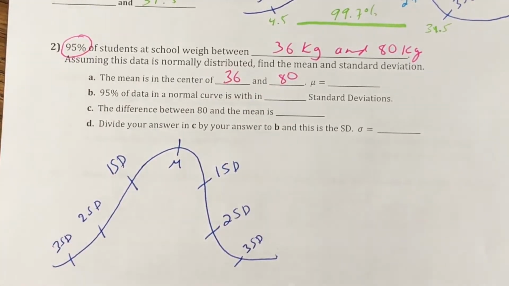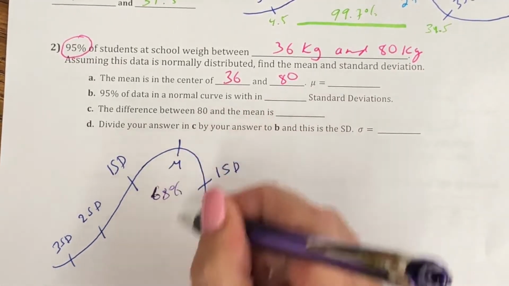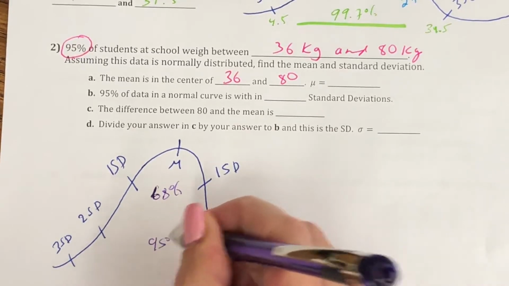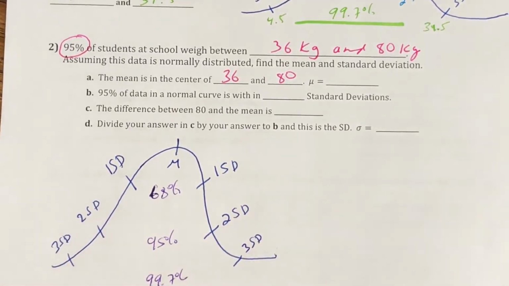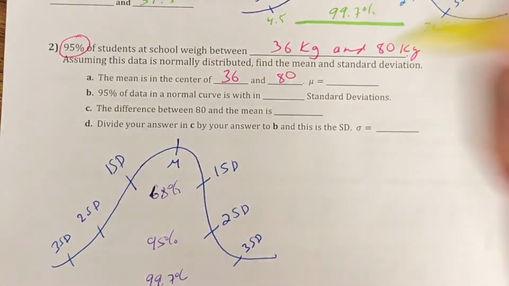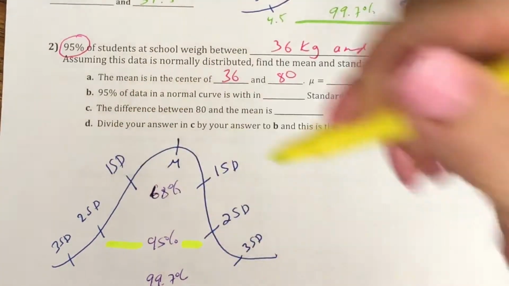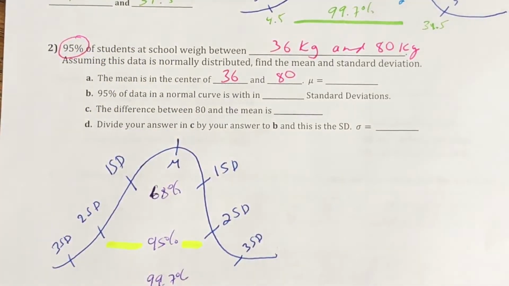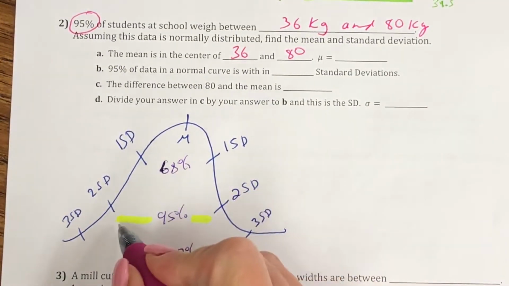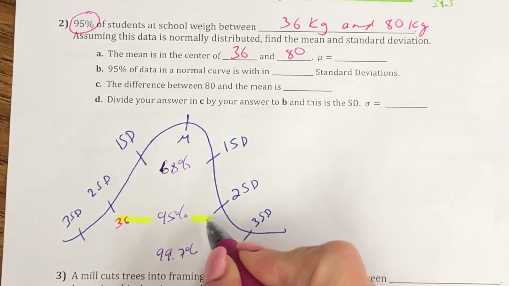And I know that this one is 68%, and this is 95%, and this is 99.7%. So I know that there's my 95% right there, and up here I have 95%. So I know that the standard deviations, the second one on both sides, this one is 36, and this one is going to be 80.